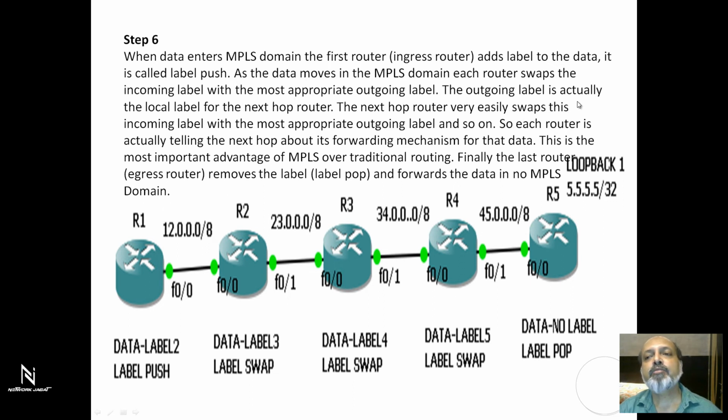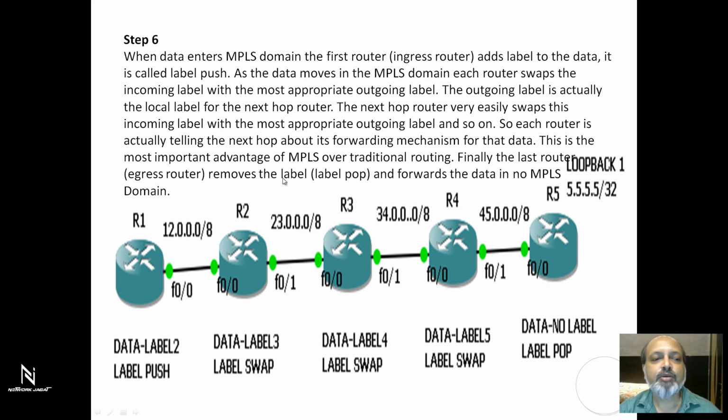The outgoing label is actually the local label for the next hop router. The next hop router very easily swaps this incoming label with the most appropriate outgoing label, and so on. So each router is actually telling the next hop about its forwarding mechanism for that data. This is the most important advantage of MPLS over traditional routing.